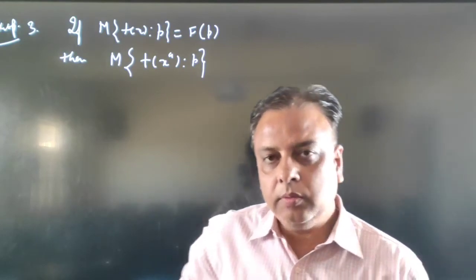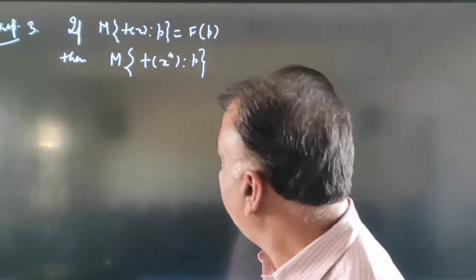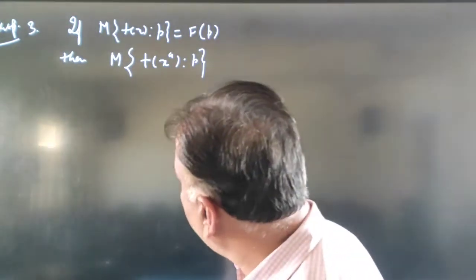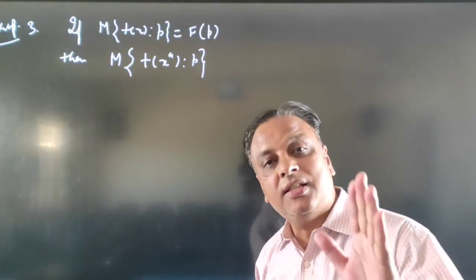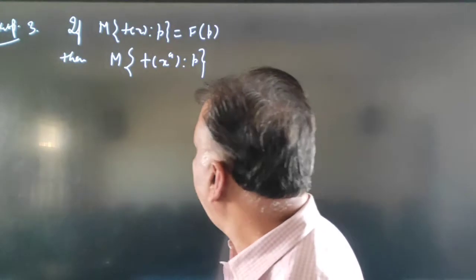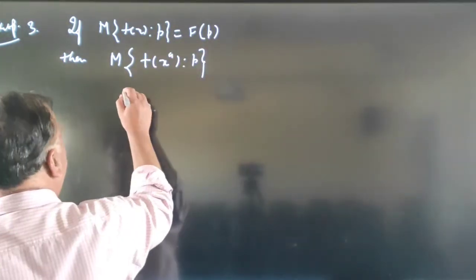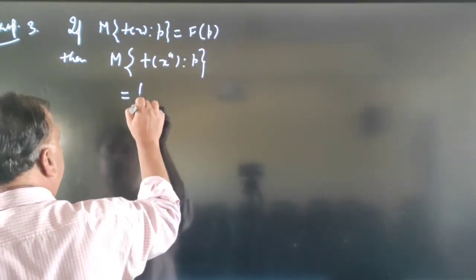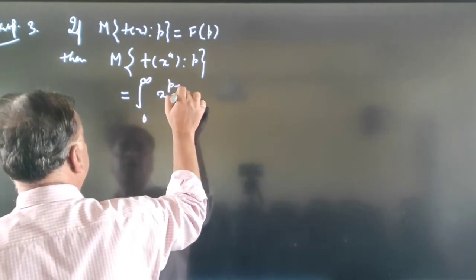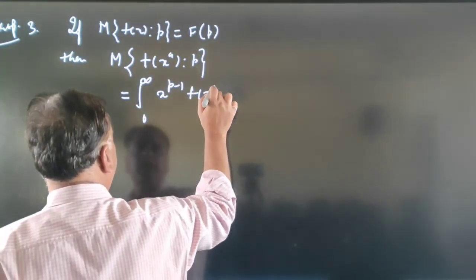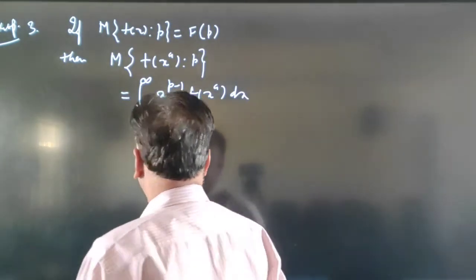So we have to find the Mellin transform of the function f(x raised to a). This is the third property. So first we find the Mellin transform of this one, and by definition we know that this is equal to the integral from 0 to infinity of x raised to p minus 1, f(x raised to a) dx.